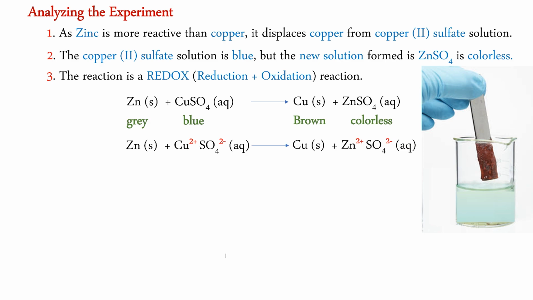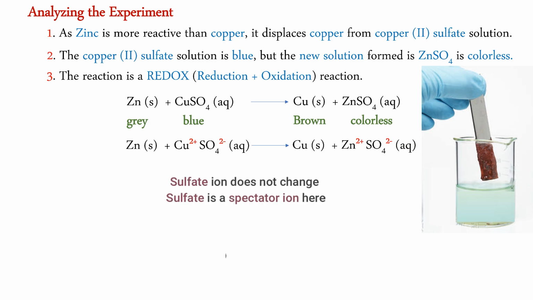If you look at the equation carefully, zinc and copper are on both sides, but they are not the same. On the left side you get zinc metal, on the right side you get zinc ion. On the left side you get copper ion, on the right side you get copper metal, which means they changed in the reaction. But one of the ions in this equation doesn't get any change.